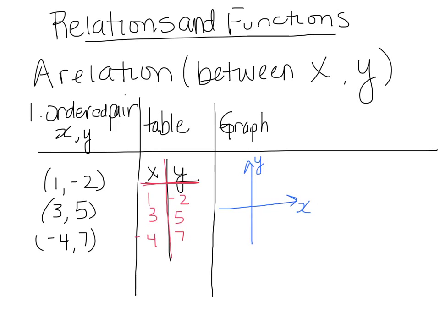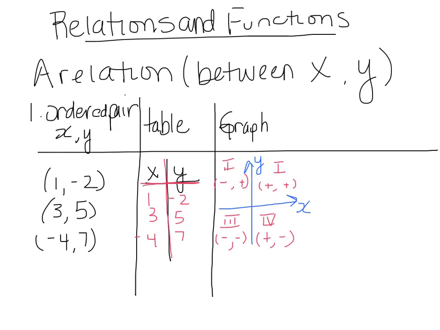When both x and y are positive, that's your first quadrant, so you have plus, comma, plus. In the second quadrant, x is negative and y is positive. In the third quadrant, both x and y are negative. And in the fourth quadrant, x is positive but y is negative.